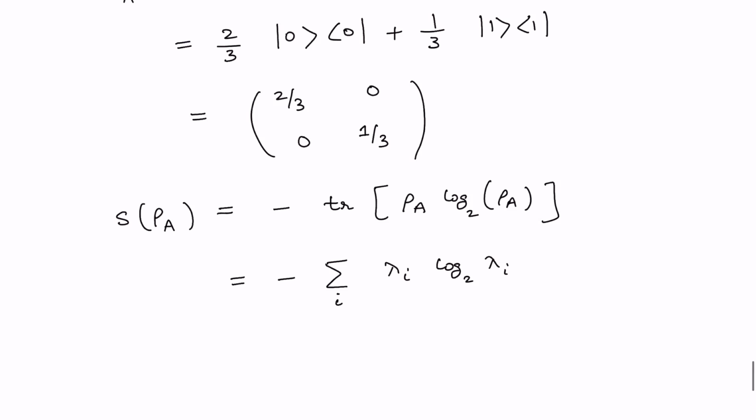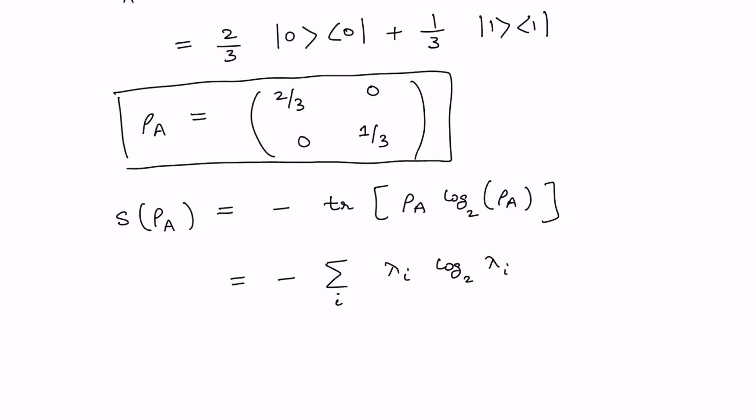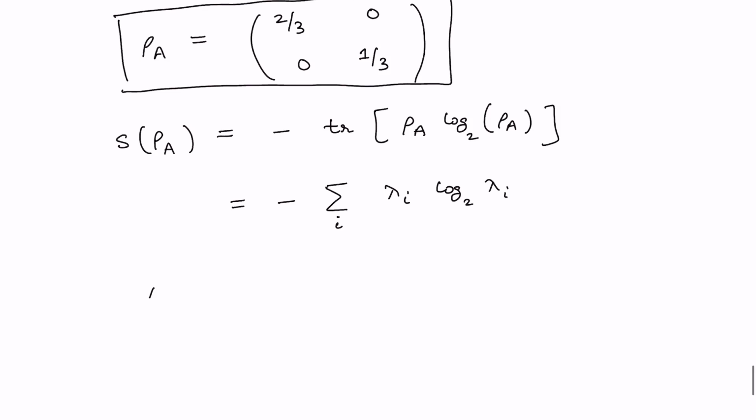From this density matrix ρ_A, it is easy to see that the eigenvalues are simply 2/3 and 1/3.